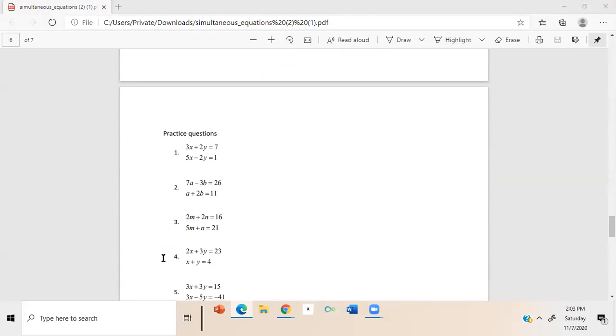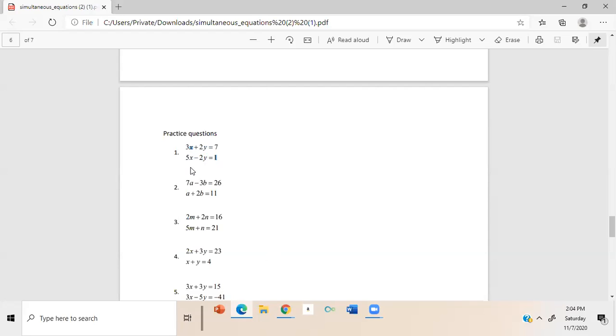All right, I sent this worksheet into the group. I hope you guys have been practicing. Write down the first simultaneous equation, which is 3x plus 2y equals 7.